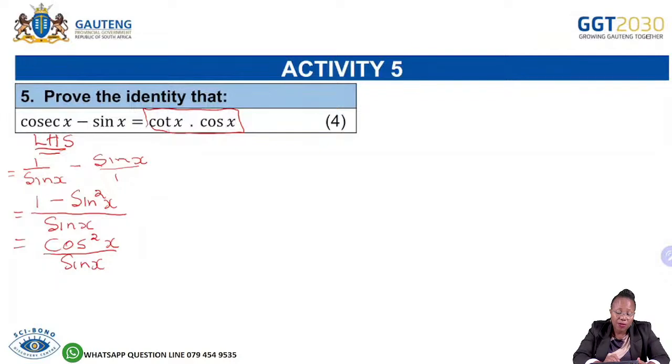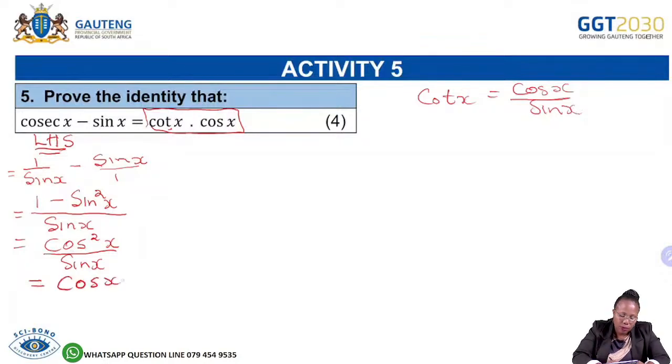Okay, remember, if you need a cot x, we are looking for cos x over sine x, correct? So if you look at the numerator, we have 2 cos's because it's cos squared. So it's a cos multiplied by cos over sine x.